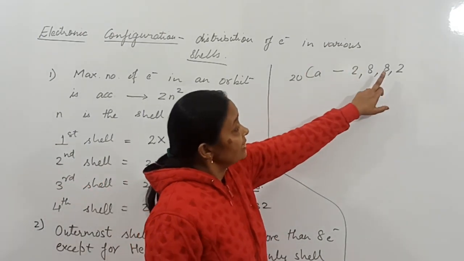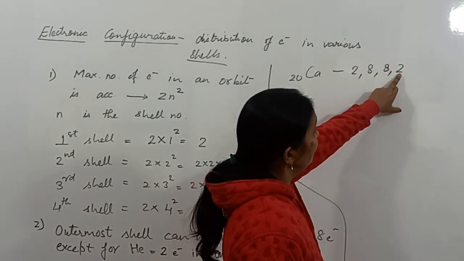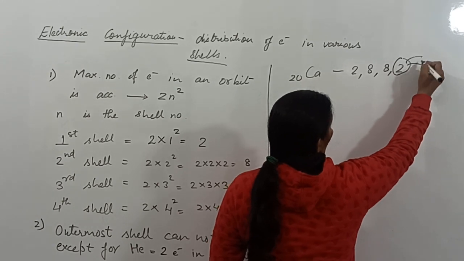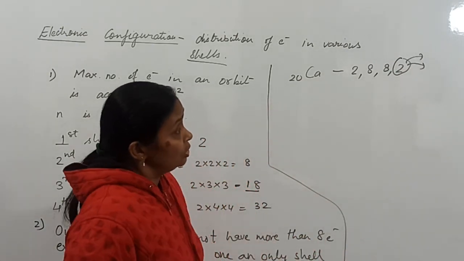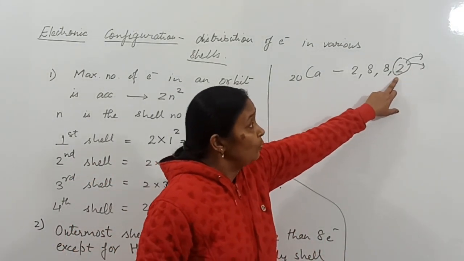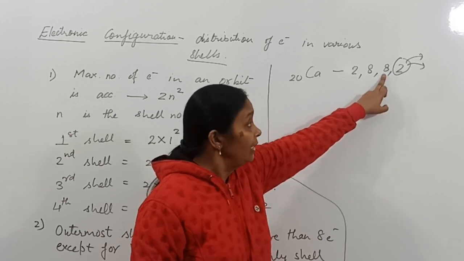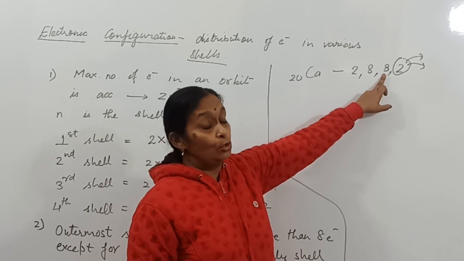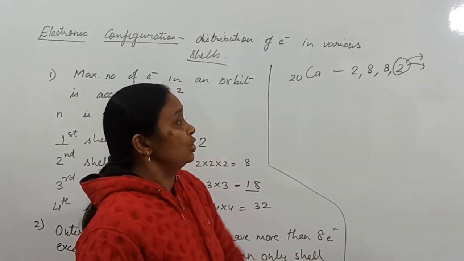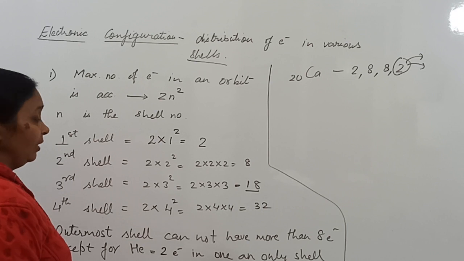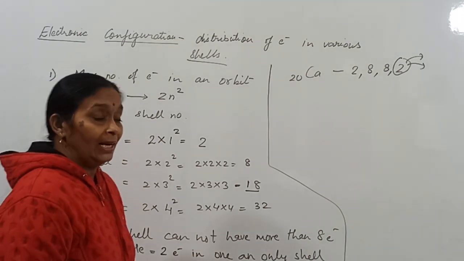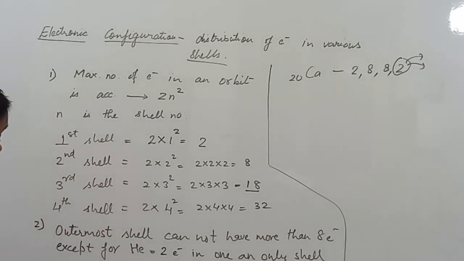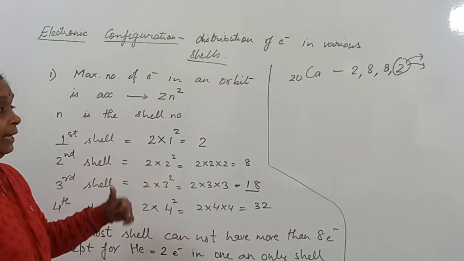If calcium has 8 in the third and 2 in the fourth, it can very easily lose these 2 electrons of the outermost shell, and then it will have 8 in the outermost shell. This third shell will become outermost and then it can become stable. So for stability, the outermost shell tries to have 8 electrons. This is the rule that the outermost shell cannot have more than 8 electrons except for helium.